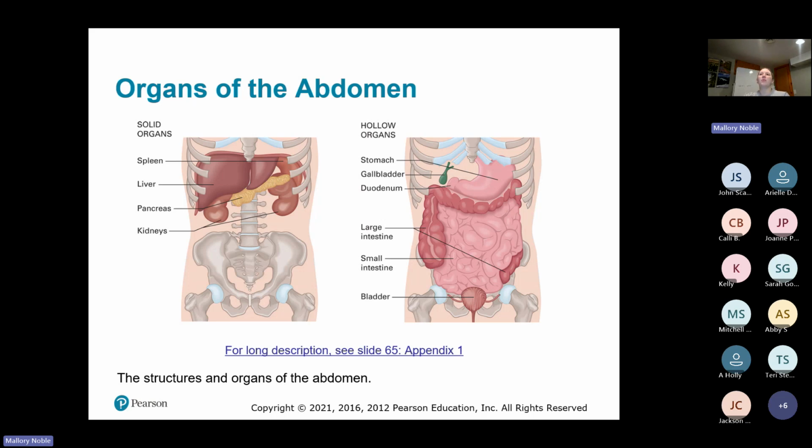Big problem, right? Hollow organs, say if you rupture your bladder, you've got a bladder that then pops. Now you're not really going to be leaking blood into your pelvic region or lower abdomen, but you're going to be leaking the contents of the bladder into that region.